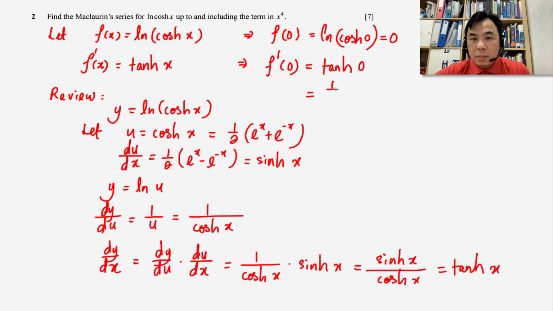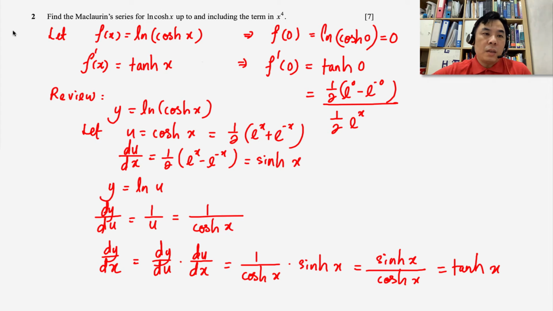That is the same as half (e^0 minus e^(-0)) divided by half (e^0 plus e^(-0)). I'm supposed to substitute e^0 inside for cosh. And then you will notice that the result must be equal to 0 because the numerator is 0. And there you go. The first term is 0, which is not very meaningful at this point.